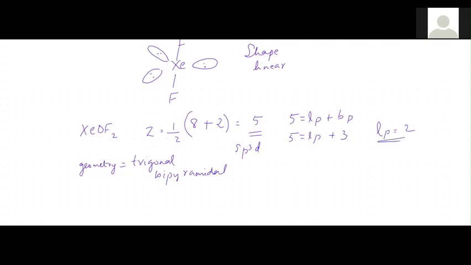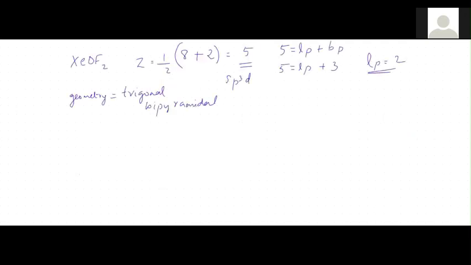So what I would do is draw the geometry. There are two fluorines, because the more electronegative fluorine will be in the equatorial position. There are two lone pairs. Okay. Oxygen.